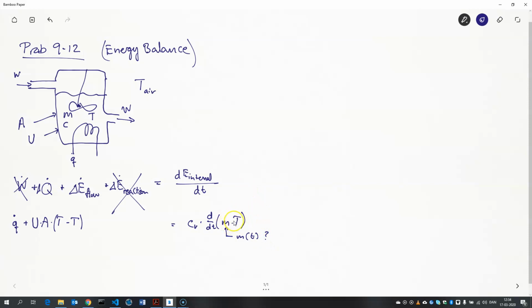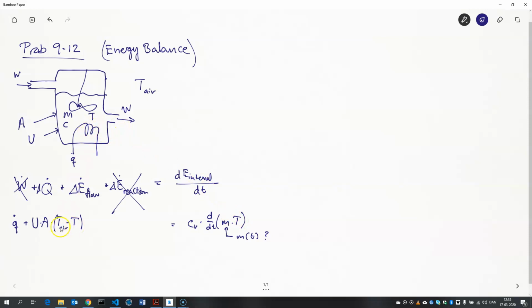So if the temperature goes up, so does the internal energy. So why would this contribute to the temperature going up? Well, that would be if the air temperature is higher than the temperature inside the tank. If that's the case, this becomes a positive number. This term is positive, and it contributes to raising the temperature of the contents of the tank.